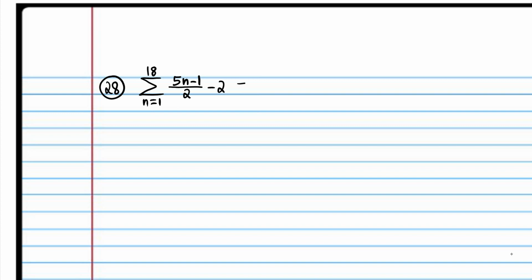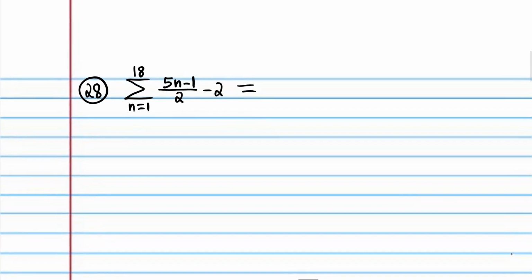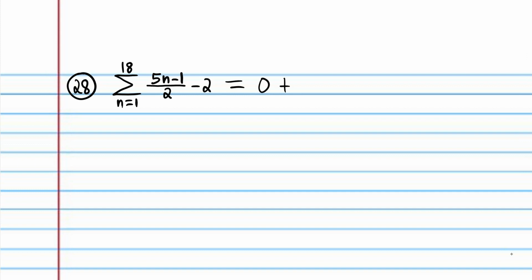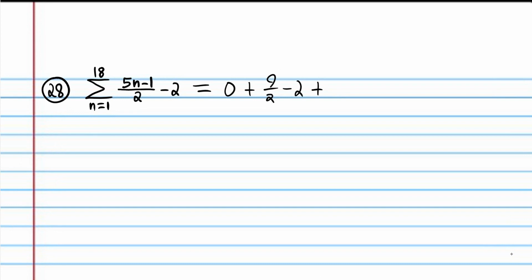Okay, we're back. So if you plug in 1, you get 0. If you plug in 2, you get 9/2 minus 2. And if you plug in 3, you get 5. So these are kind of strange terms.